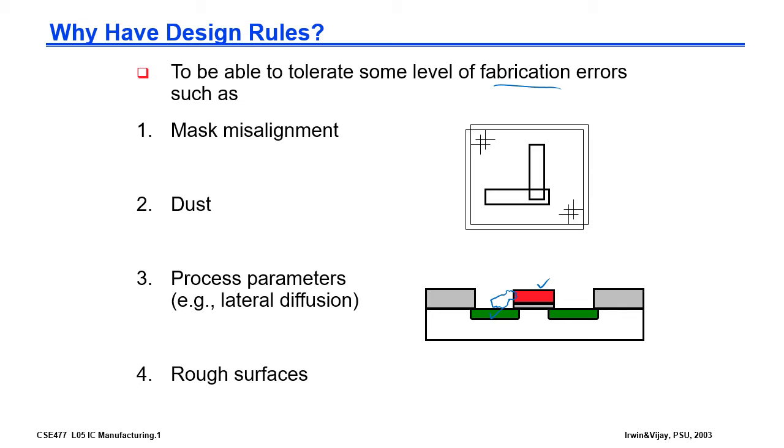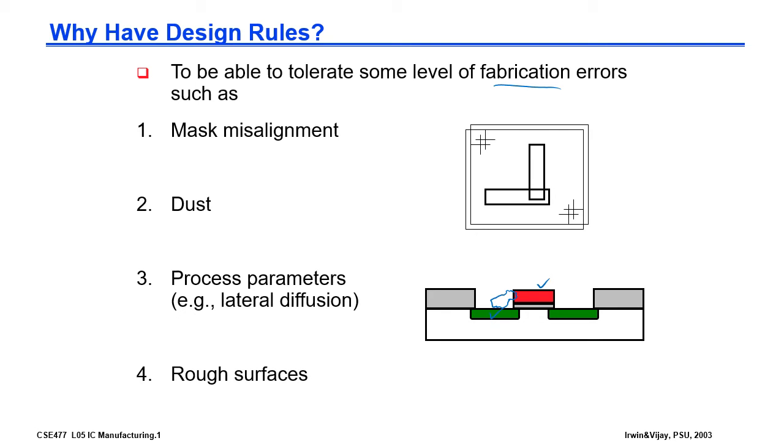And this one, the last one, is the rough surface. If you remember, every layer has to be planar, right? So every time we do the fabrication of one layer, we need to polish the surface of these layers, maybe using chemical mechanical polishing.